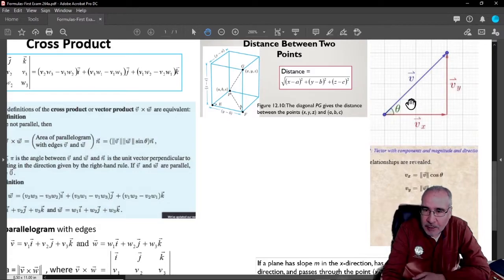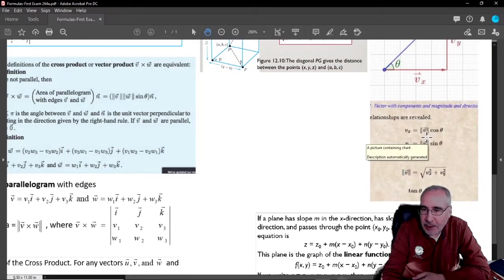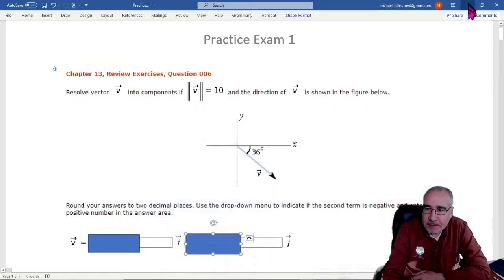We've got this triangle. Whatever angle this is, the x component will be the magnitude cosine theta, and the y component will be magnitude sine theta. Those are the components, and then we look at the graph to see the signs for x and y.